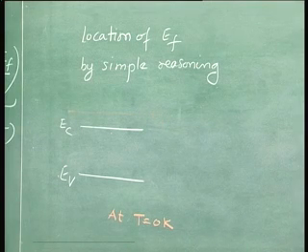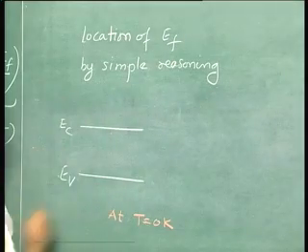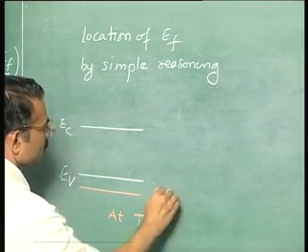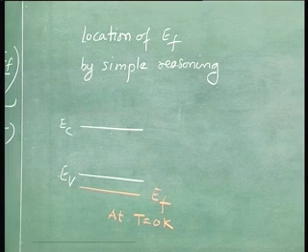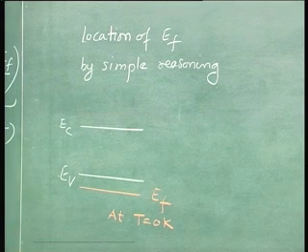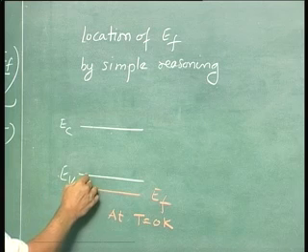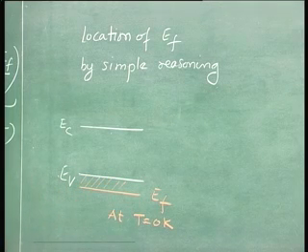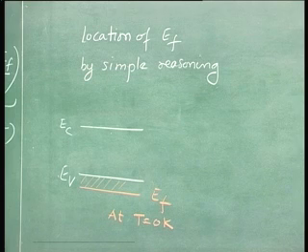This is clear. Now let us see, can EF be in the valence band? If I assume the EF to be in the valence band, then again by definition of Fermi level at t equal to 0, all states above EF should be unoccupied, which means all the states which are in this energy range, available states, they should not be occupied.